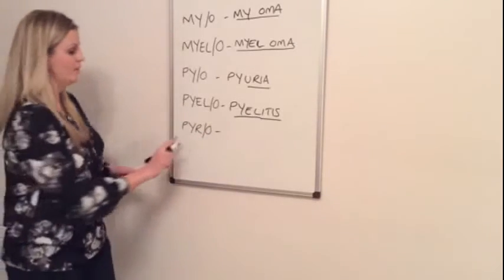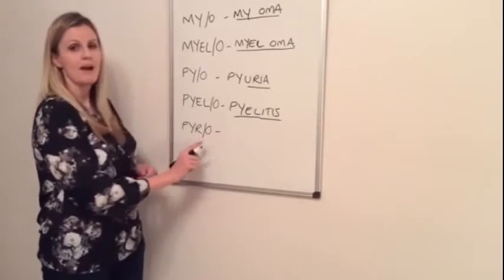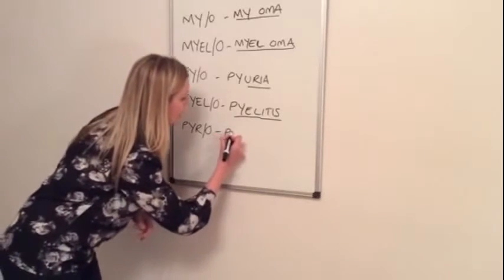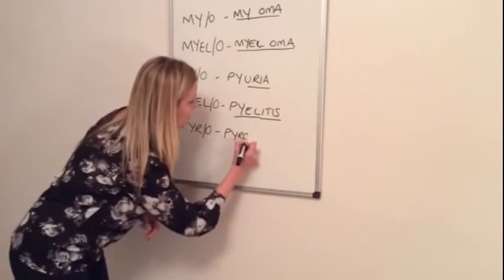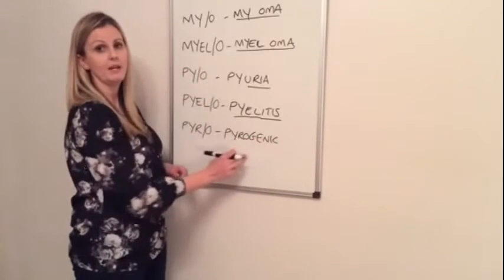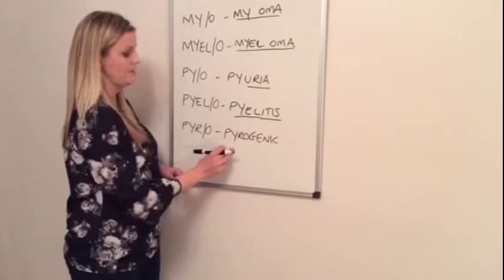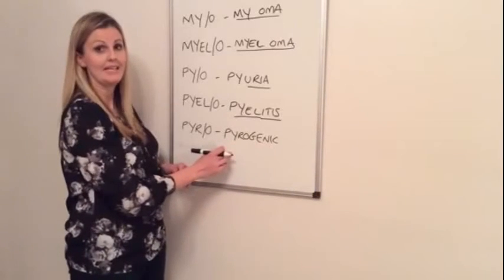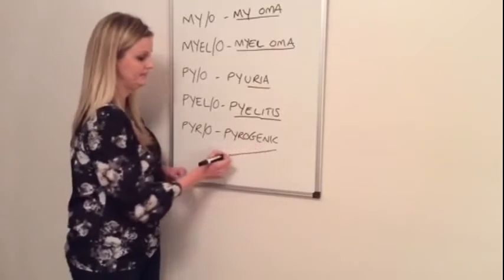Lastly, down here, we've got pyro. Pyro means heat or fever. So a medical word you could have here would be pyrogenic. Genic meaning producing or forming, and pyro meaning heat. So producing or forming heat, pyrogenic.